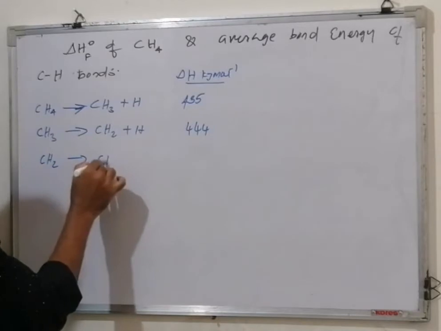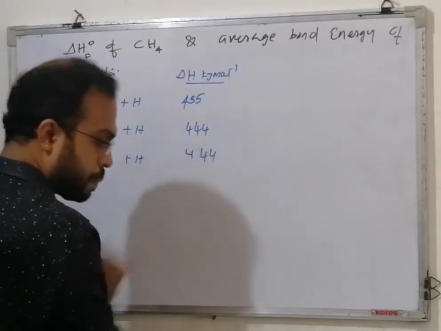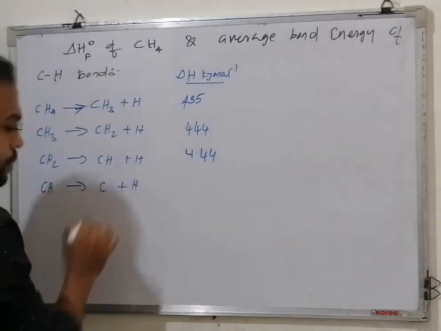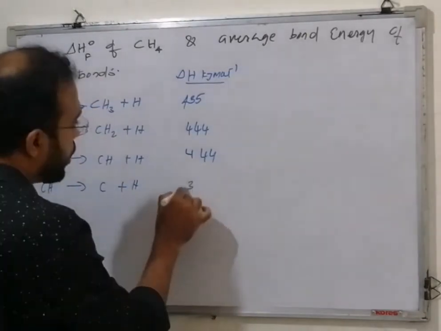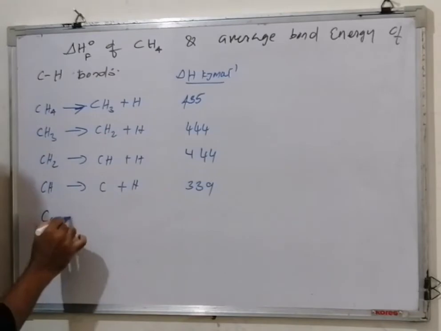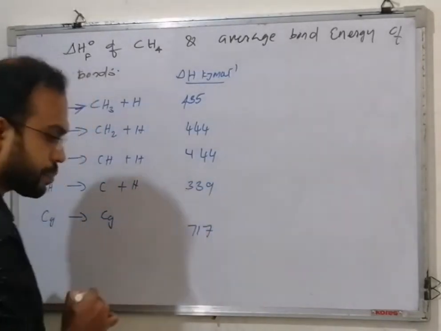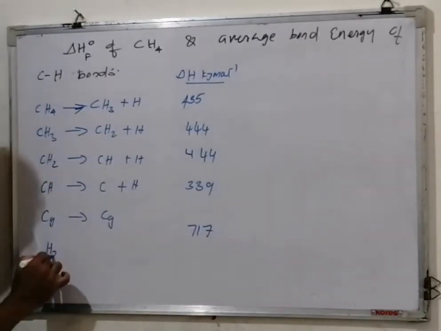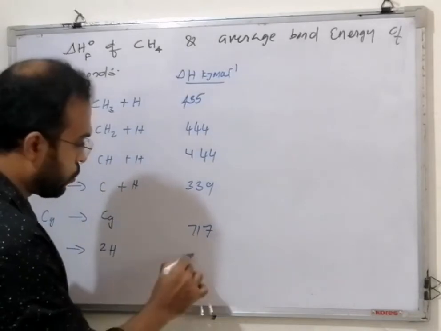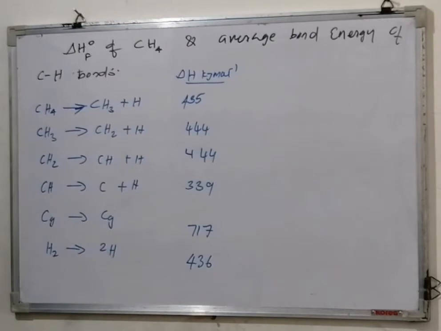CH2 gives CH plus H: 444. CH gives C plus H: 339. Now C graphite to C gas: 717. H2 to 2H dissociation: 436. Okay, this much is good.